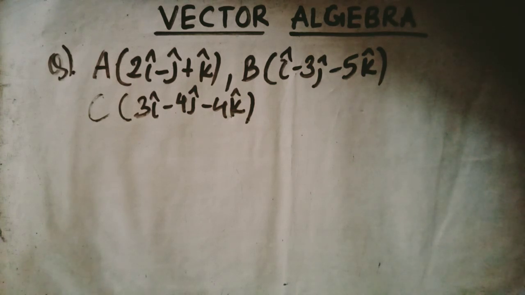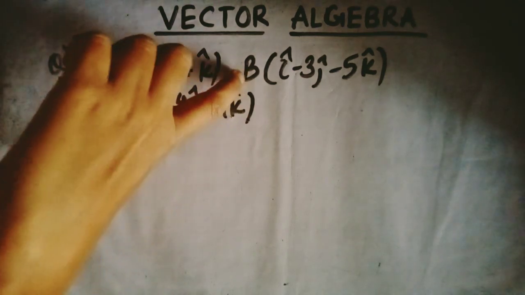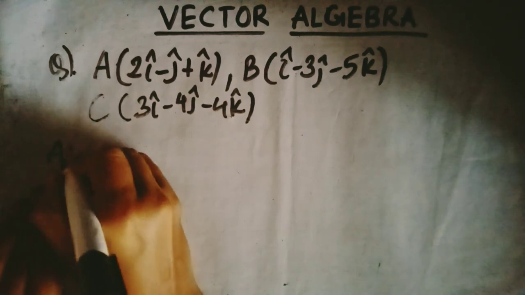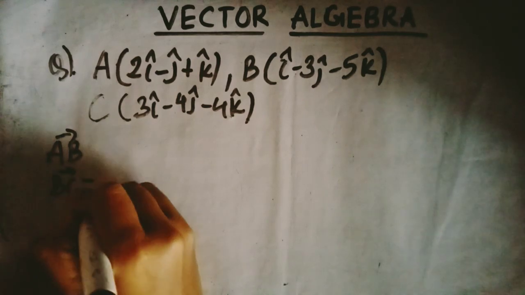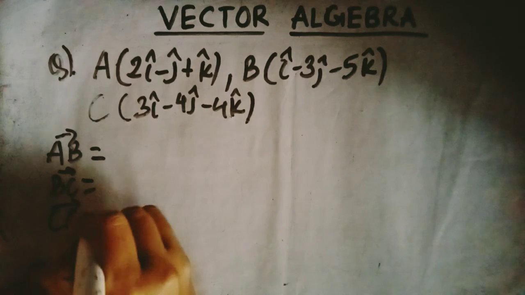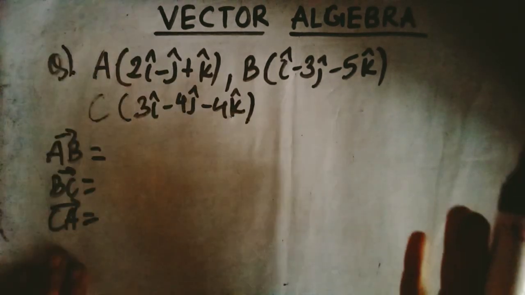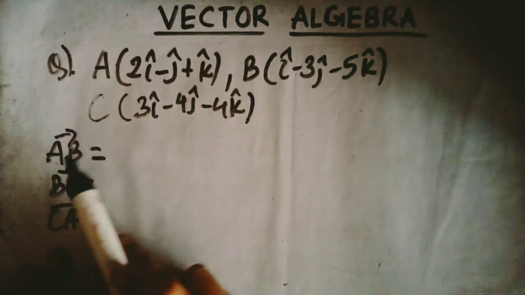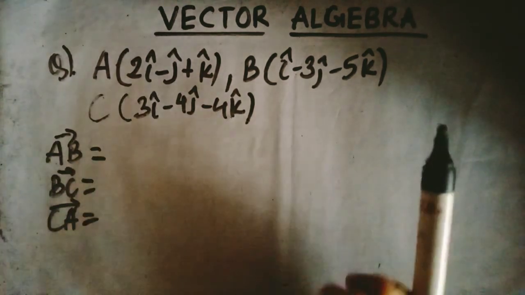Vectors joining the 2 points will be the vector joining from A to B, then B to C, and C to A. So you will get vector AB, then BC and AC or CA. A to B means B becomes your terminal point and A becomes your initial point. Whenever we write a vector joining 2 points, you have to take terminal minus initial.